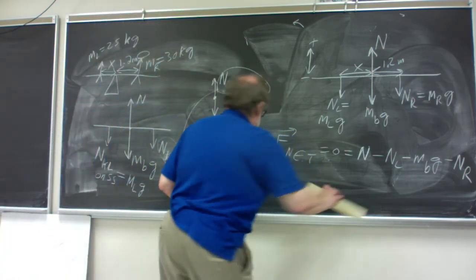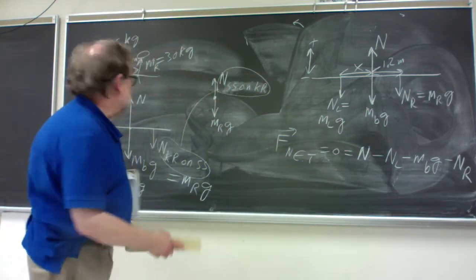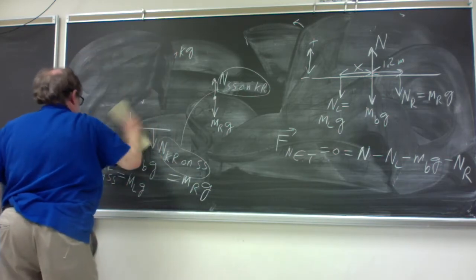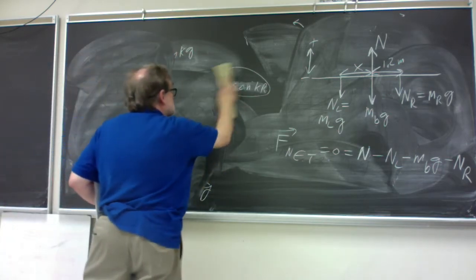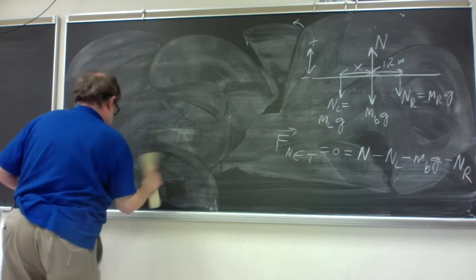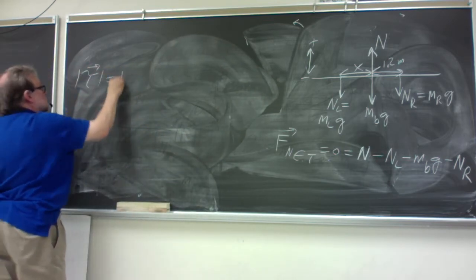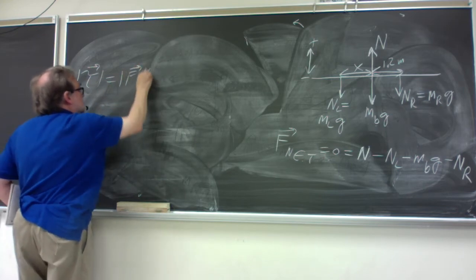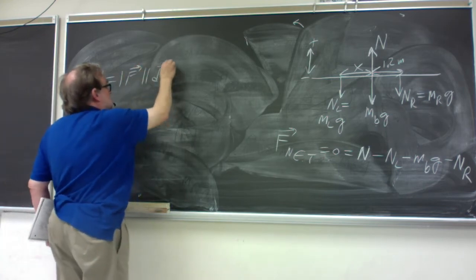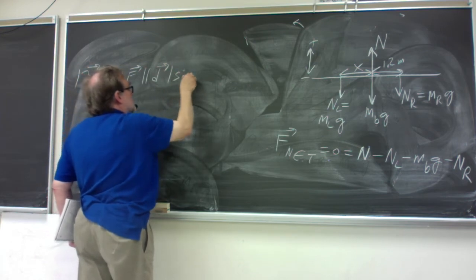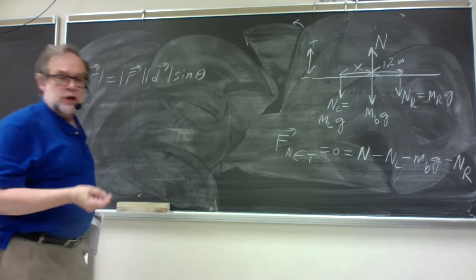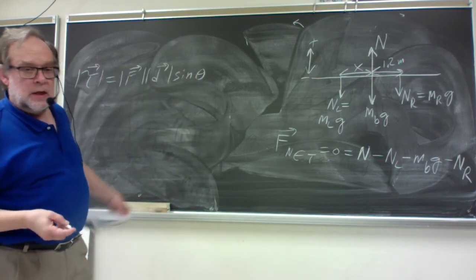Go back to the basic equation for torque. Magnitude of torque is magnitude of force, times magnitude of displacement, times sine of the angle between force direction and displacement direction.